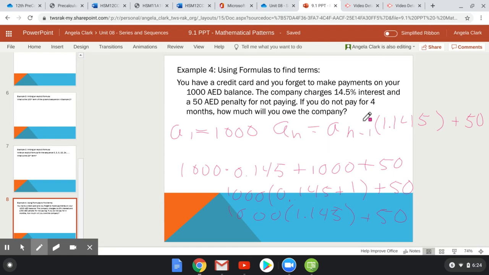I can see, okay, this is how much I owe, and then so plugging in 1,000, figure out how much I owe, plug in that number, figure out how much I owe, plug in that number. So that's, again, how recursive formulas work. You always have to take the previous term and plug it in to get the next one.